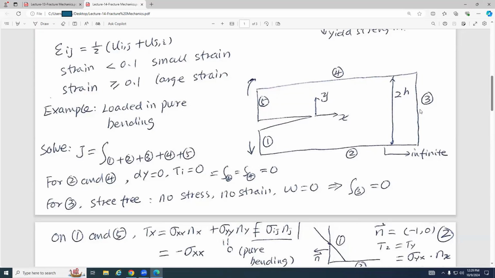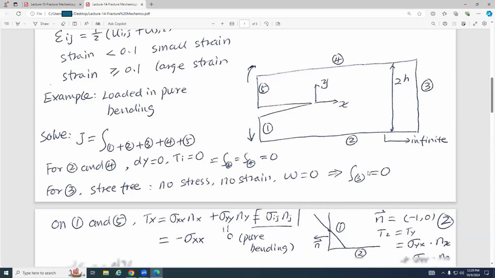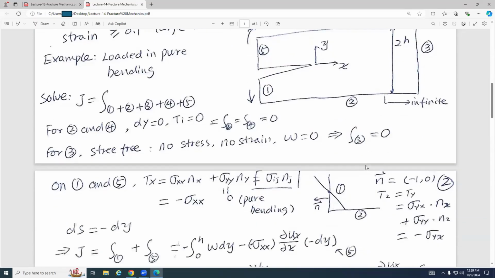For the third segment, it's stress-free, no stress, no strain, so omega equals 0. That means the third integral is gone. You understand? Now we only have the first one and the fifth one.